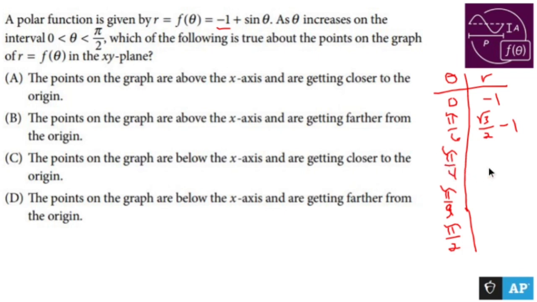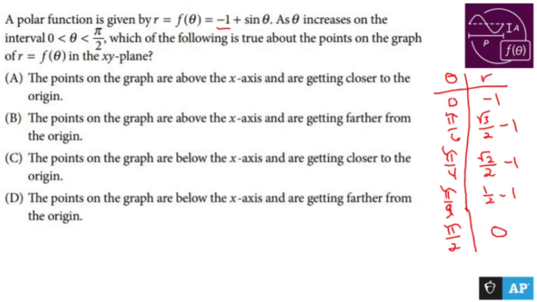Pi over 4 is going to be root 2 over 2 minus 1. Pi over 3 is going to be 1/2 minus 1. And then pi over 2, when I take the sine of that, is 1, and 1 minus 1 is 0.